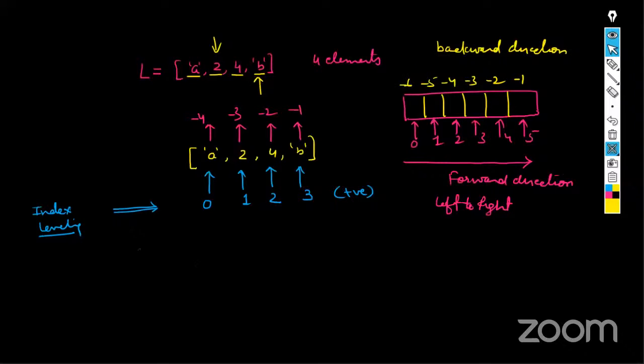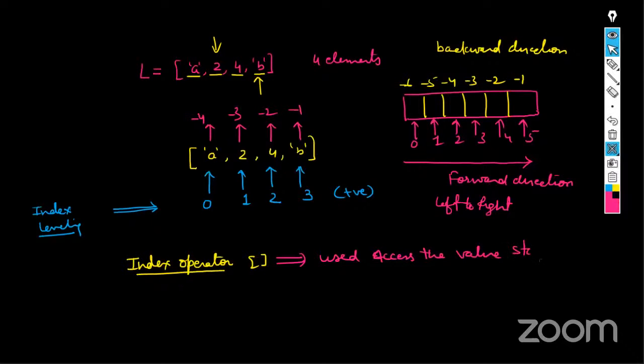Now guys, with the index, there is an operator that is called index operator. This index operator is represented by this square bracket like this. This is used to extract, or you can say access, the value stored inside the list.